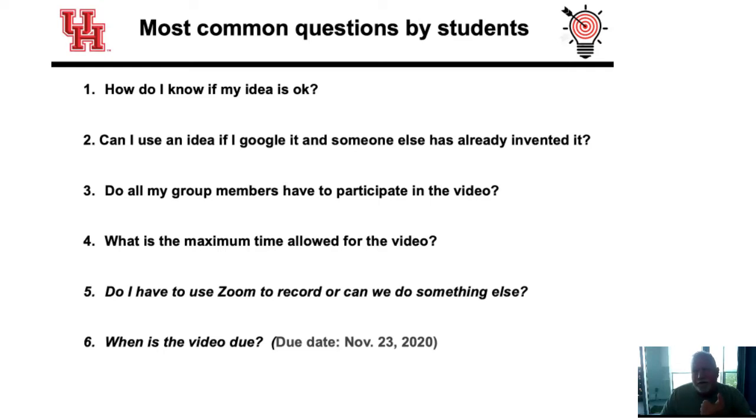What value is this bringing to the marketplace? The second thing that you want to talk about is where does it fit in relative to other products or services on the market that exist right now? How is this product different than what's currently out there, and what value does it bring beyond those?